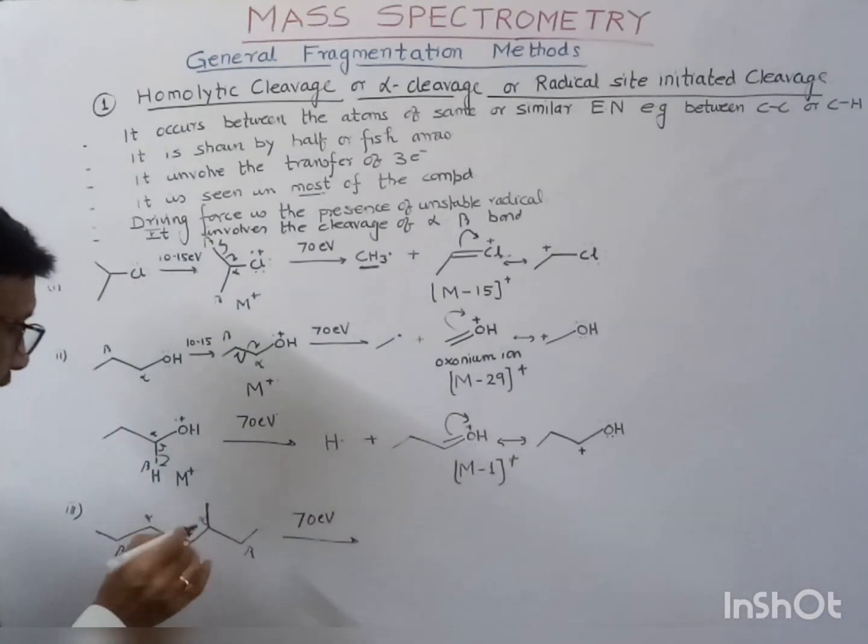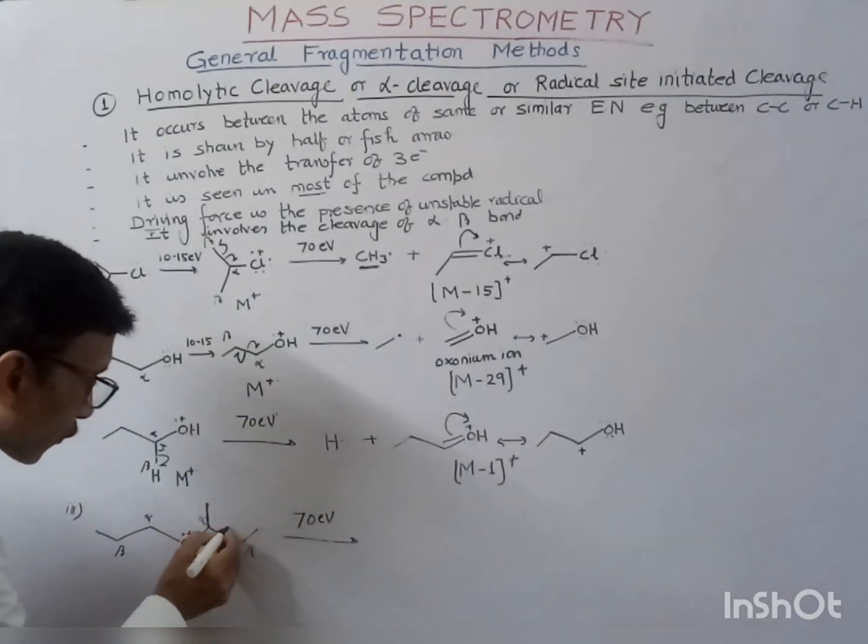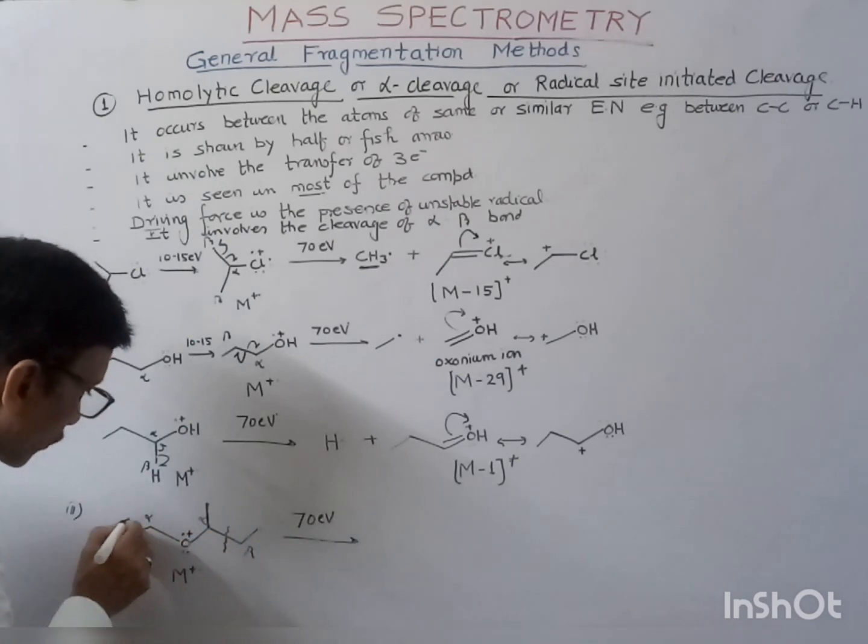So what type of fragmentation is possible over here? The alpha-beta bond will cleave, so cleavage is possible either from here or from here.